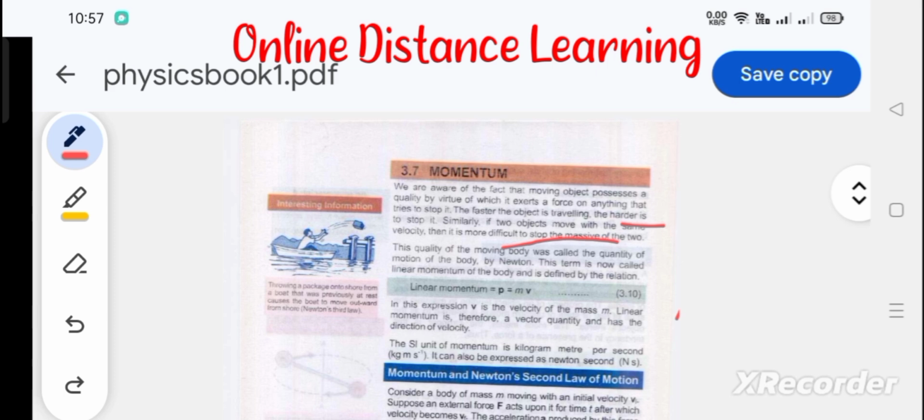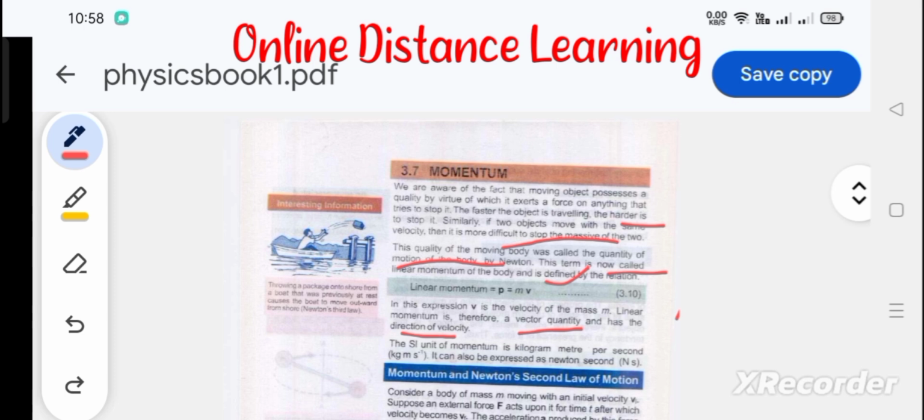This quality of a moving object was called the quantity of motion of a body by Newton. The term is now called linear momentum. Linear momentum is defined as P equals m cross v, where v is the velocity of mass m. Linear momentum is therefore a vector quantity and has the direction of velocity.